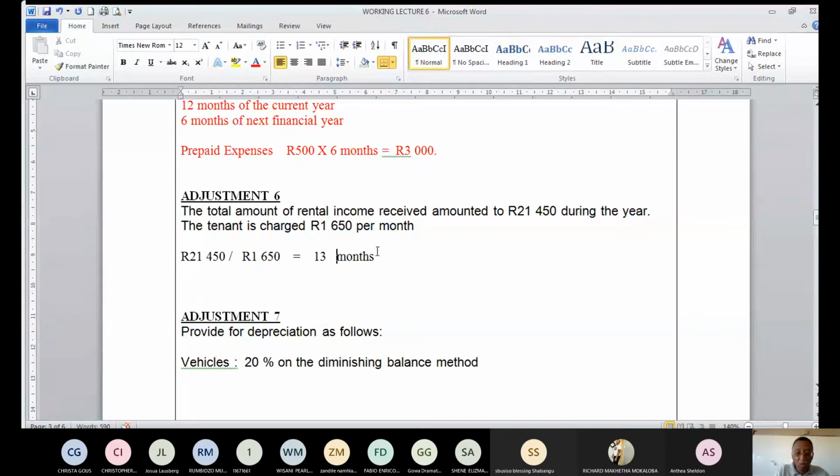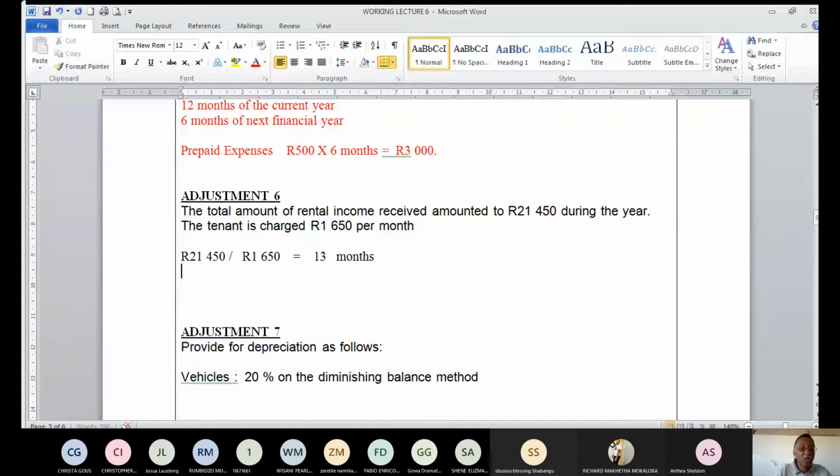You paid 1 month too much. We call that income received in advance. We have received 1 month rental too much, and that amount is therefore 1,650. So we have identified now that we are working with an account called income received in advance.